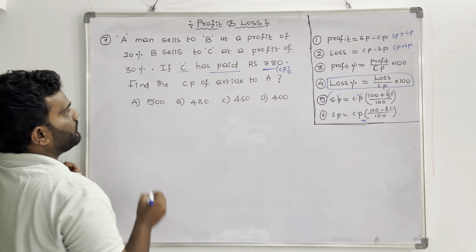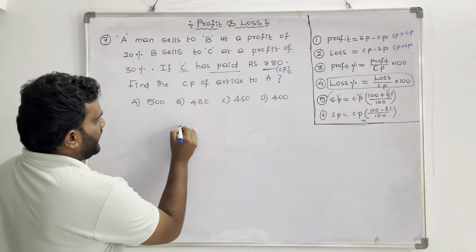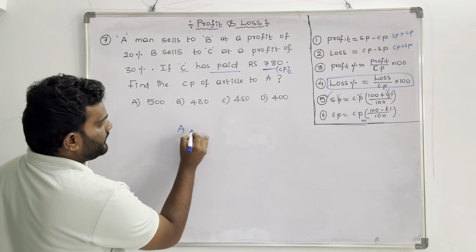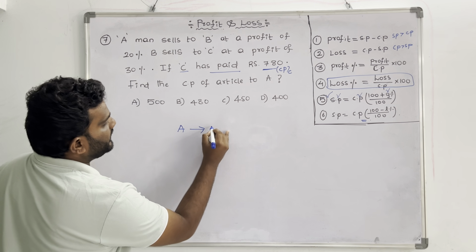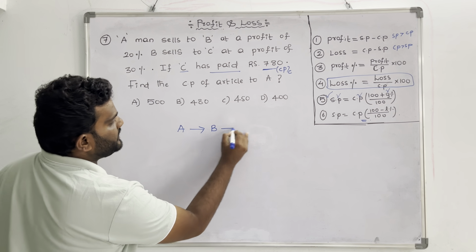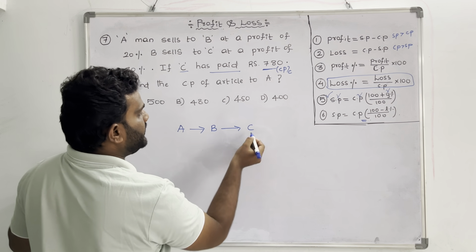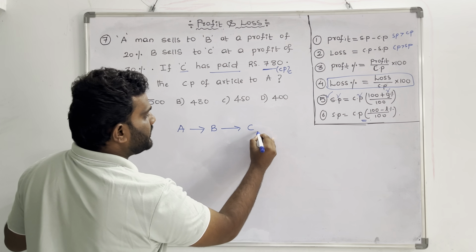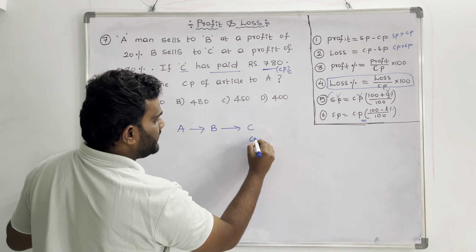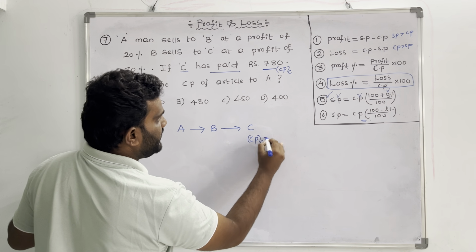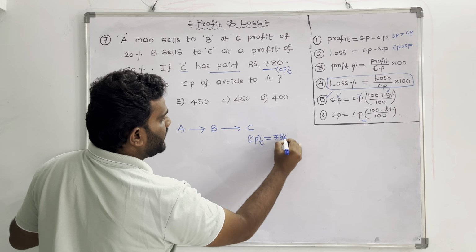So here what he is saying now, the person A sold an article to B and B sold the article to C, and C has to pay 780 to B, which means this is the cost price for C. Cost price of C equals 780.